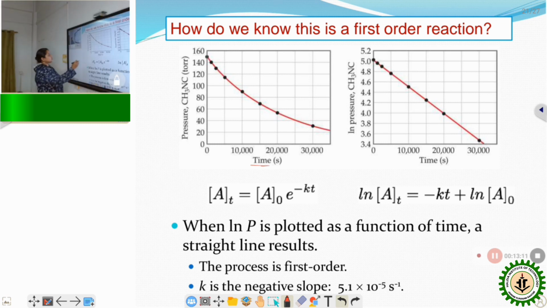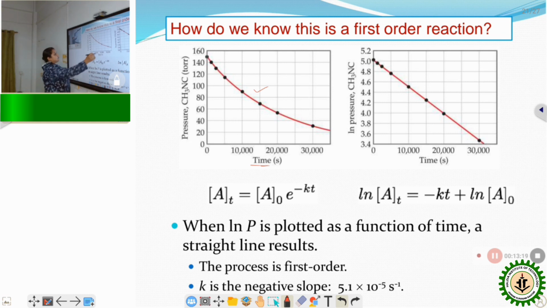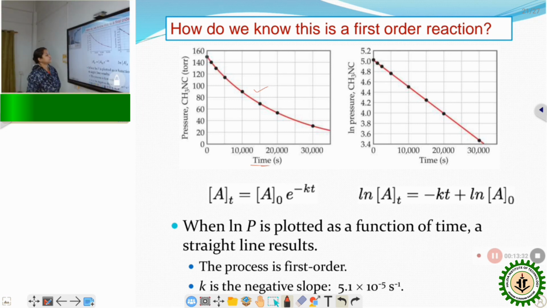Then if we plot the concentration of methyl isonitrile with respect to time and it gives such an exponential decay, or if we plot the ln of concentration of methyl isonitrile versus time and it gives such a straight line, then we can say that the reaction is following the first order rate equation, because both observations are according to the standard first order rate equation.